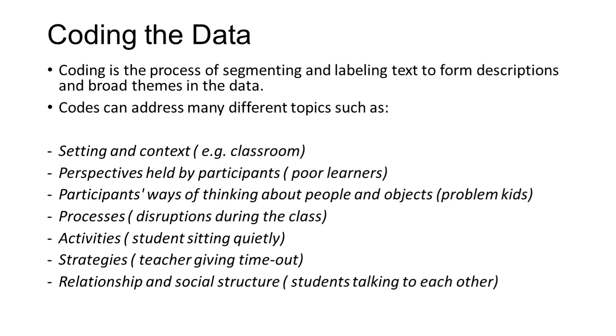So remember, codes are just labels. You put them on the left or on the right of the transcript. Okay? So usually we start with, let's say, 30, 40 codes, but at the end you have to minimize that by reducing the redundant codes. Okay, so you can end up with just 5 or 6 themes.